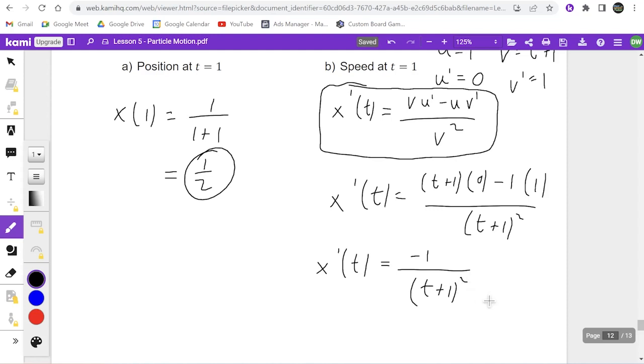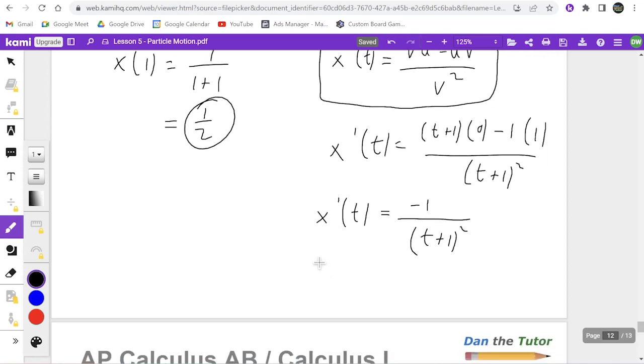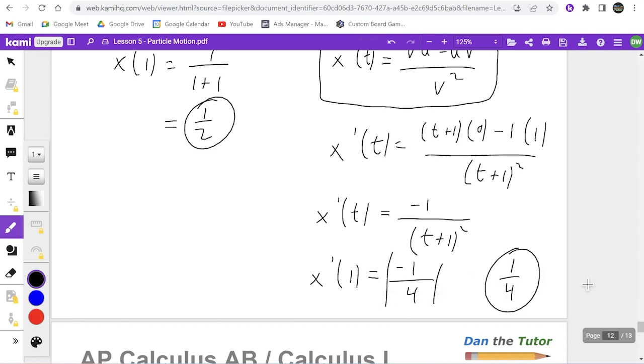Now all I need to do is plug in 1 here. So x prime of 1, plugging in 1, -1 over 1 plus 1 squared is 2 squared, so that's 4. Looks like the velocity is -1/4, but speed's the absolute value, so the speed is going to be +1/4. If it asked for velocity, then I would answer -1/4.